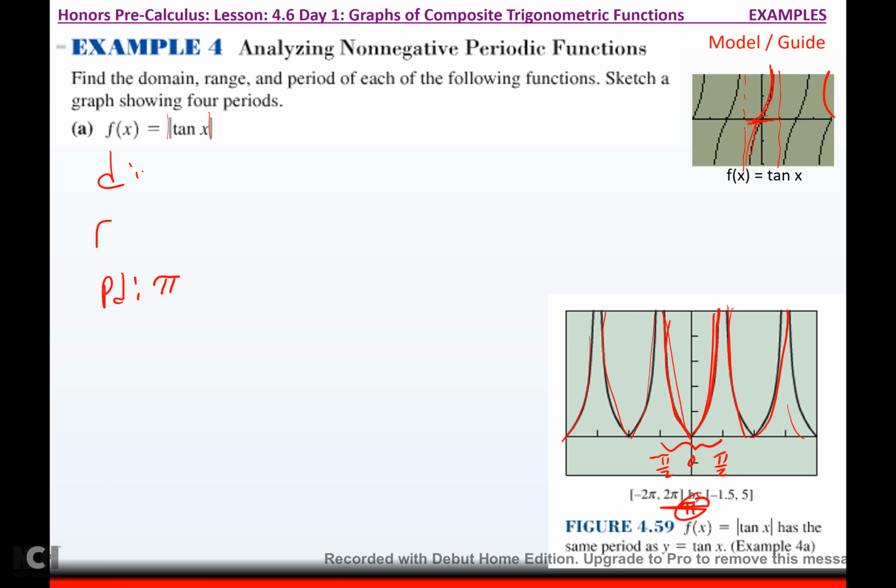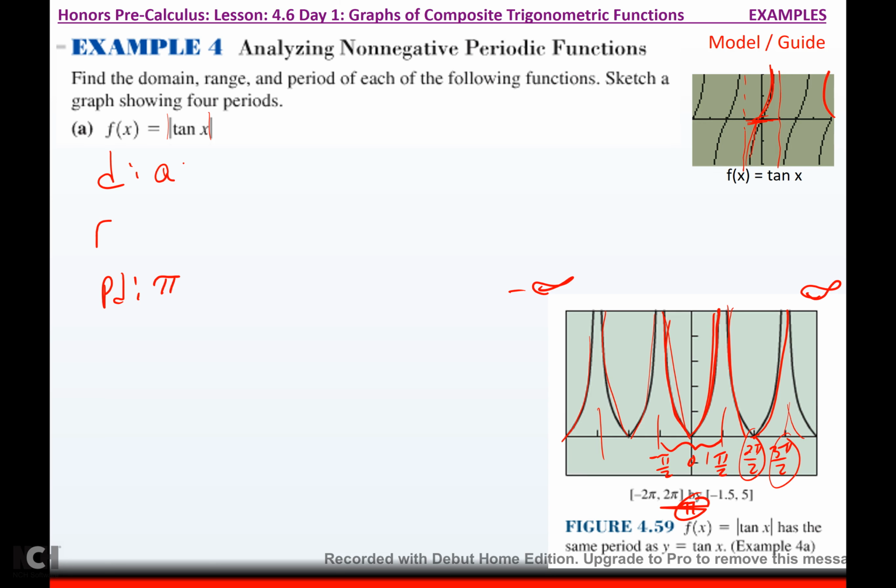Your domain goes from negative infinity to infinity, but it skips all of these. So it skips all of the odd multiples of pi over 2. See how this would be 1 pi over 2, that's odd. This would be 2 pi over 2, that's even. It's defined there. 3 pi over 2 is an odd multiple of pi over 2, so it's not defined.